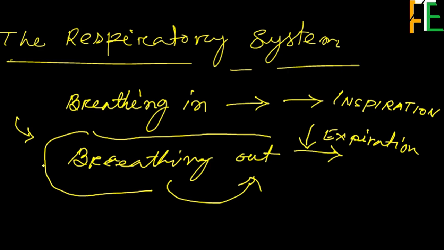The sound comes out to the atmosphere, to the environment, with the pressure of that air that we breathe out. So the respiratory system has a great role in the process of producing speech sound.